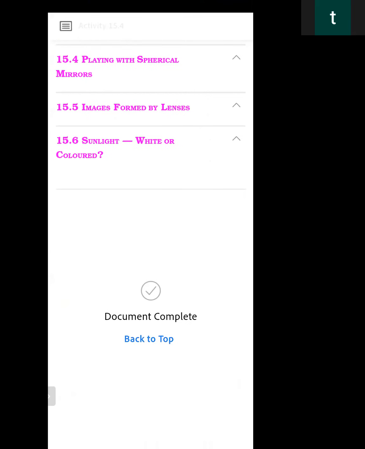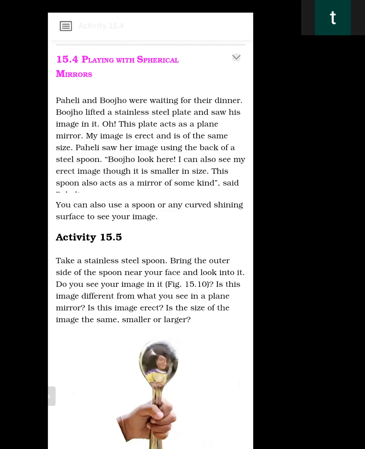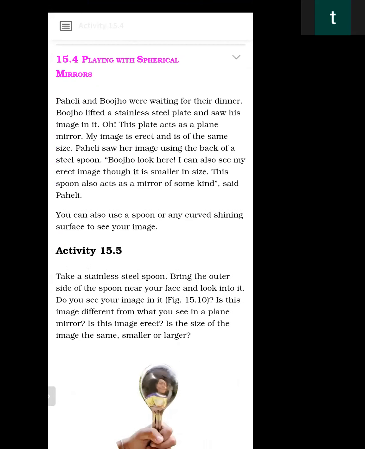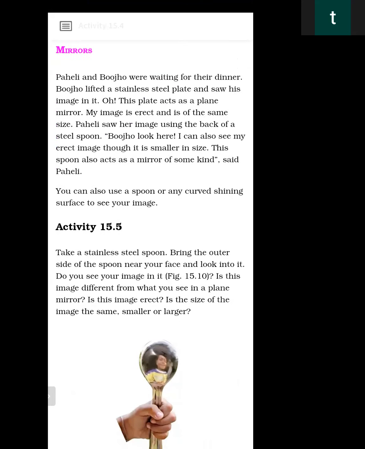Students, we are learning chapter number 15, light. In the previous lecture, we discussed playing with spherical mirrors. In this topic, we discussed that there are two types of mirror: one is concave and the second is convex.